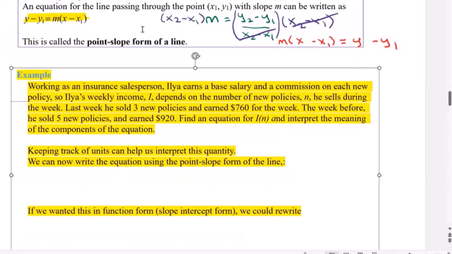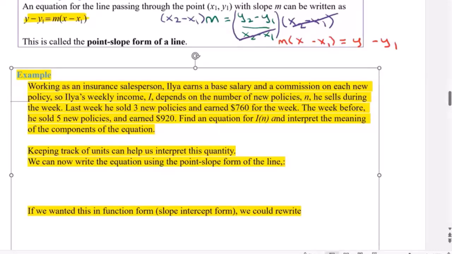This is my point slope equation. And if you forget it, this is a good way to try to remember it. This is going to come in very handy in this class because often we have 1 point, we can find the slope, and why bother trying to find the y-intercept if we don't really need it?